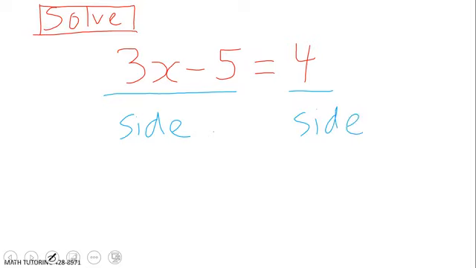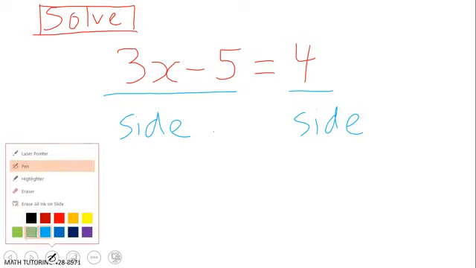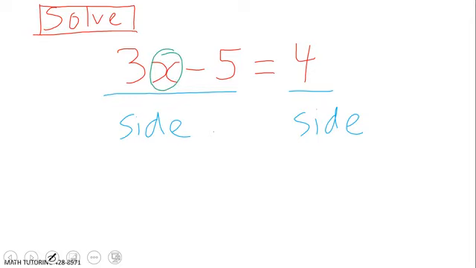And notice that our x is attached to 3. And moreover, we also have negative 5 there. All right? So x is on a side that has other stuff with it. And we don't want that. We want x by itself. We want to isolate x. And that's what we mean when we say solve the equation. So let's do that.